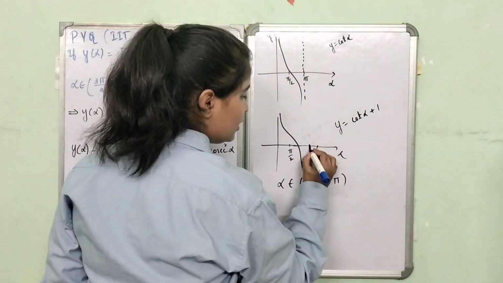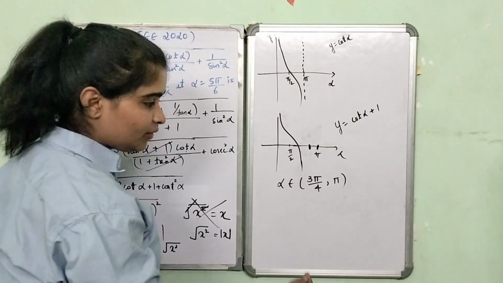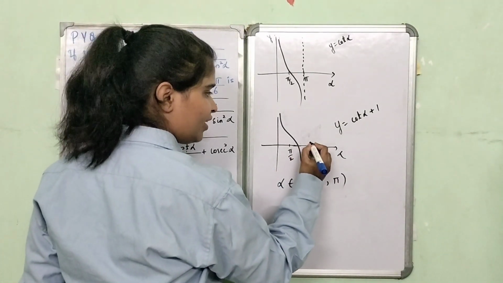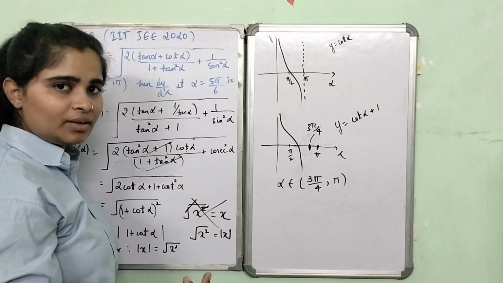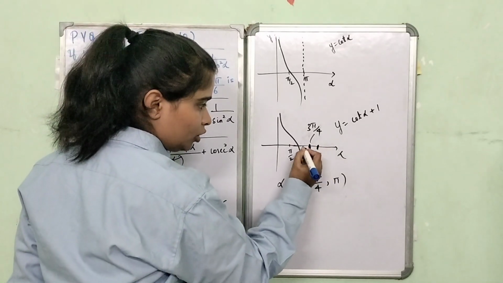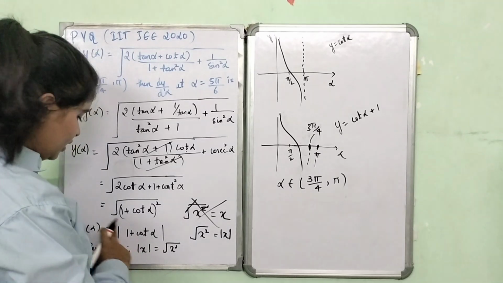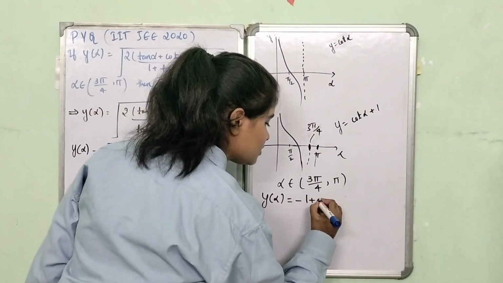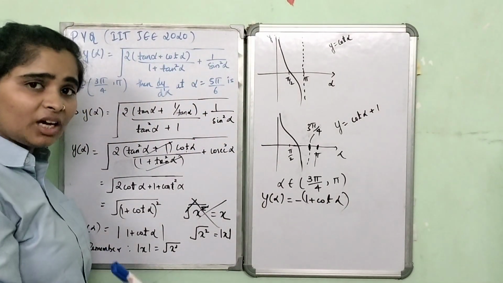Now look carefully. They have given our interval for alpha as 3 pi by 4 to pi, right? So if 3 pi by 4 is somewhere here, 3 pi by 4 is almost equivalent to 2.7 something. So if we are taking this area, you can see that the output of this function is negative. Therefore, our y alpha will come out as the negative of 1 plus cot alpha. Why is it coming negative?